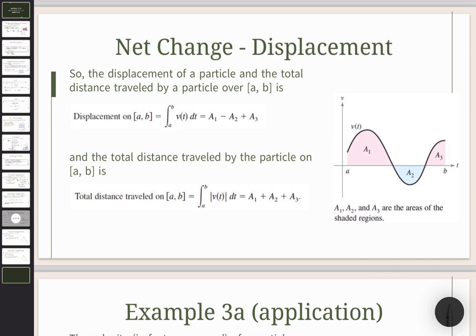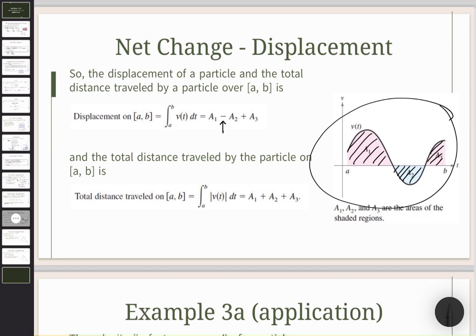But for displacement, I would want to take into account when I dip below the x-axis. Direction or sign really does matter for displacement. So over here, if this was my velocity graph, to find my displacement, I would count this as a positive area. This would be counted as a negative area, so that's why I'm subtracting it right there, and this would be counted as a positive area.